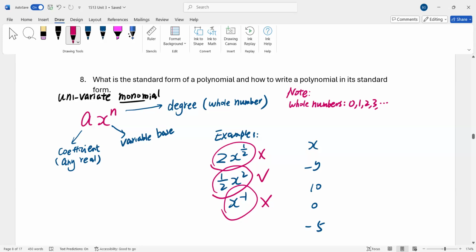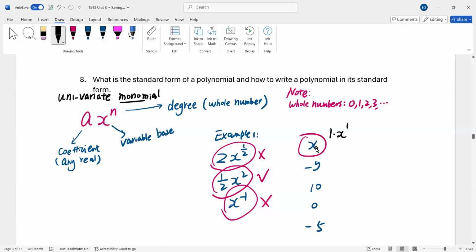Okay, what about this one? Ether, is this a monomial? It doesn't have a degree, it doesn't have a whole number. Oh, that's a good question. I said anything that can be written in this form is a monomial. Look, can I write x as 1 times x to the power 1?